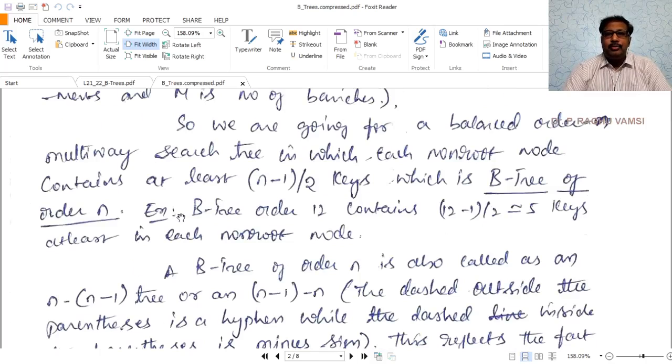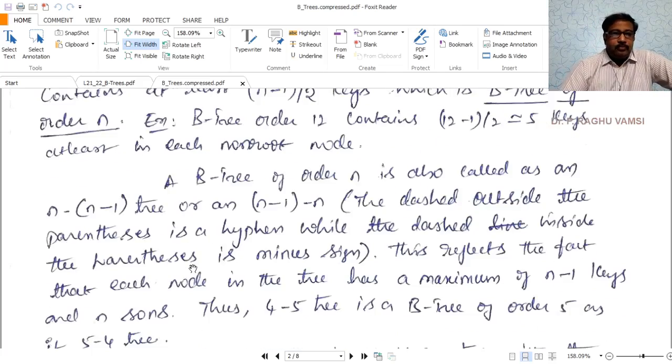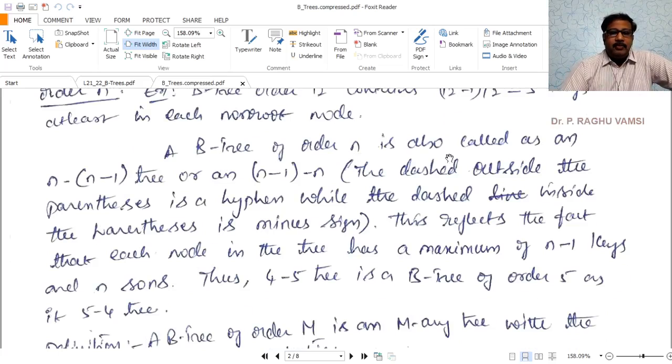All the non-root nodes can have at least (n minus 1) by 2 keys when you want to construct a B tree of order n. A B tree of order n is also called an n-(n minus 1) tree or an (n minus 1)-n tree.